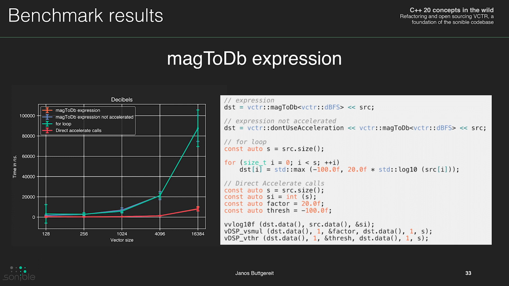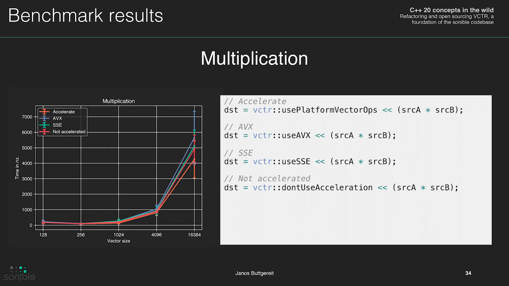Still, not everything is as bright and shiny as this one. I benchmarked a simple multiplication. And here the results are a lot closer. So you see that even the hand-rolled AVX loop is the slowest one.